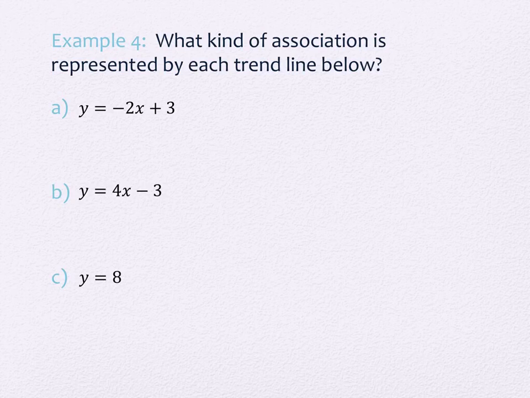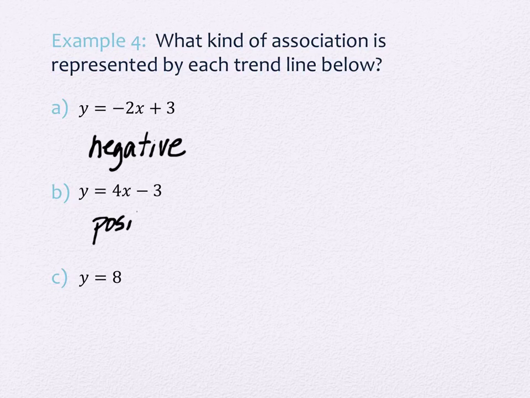What did you guys write on the first one? What kind of association is it? It's negative. The slope is negative, so it's a negative association. How about the second one, B?